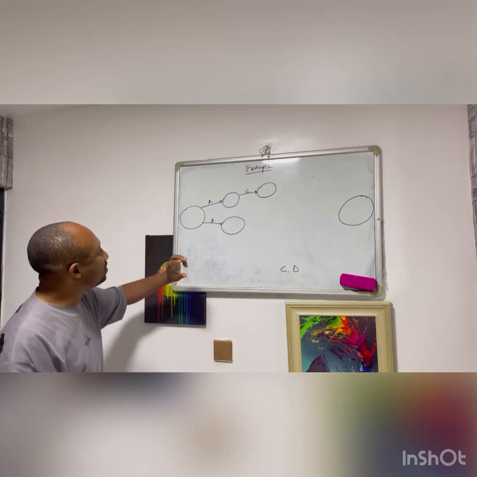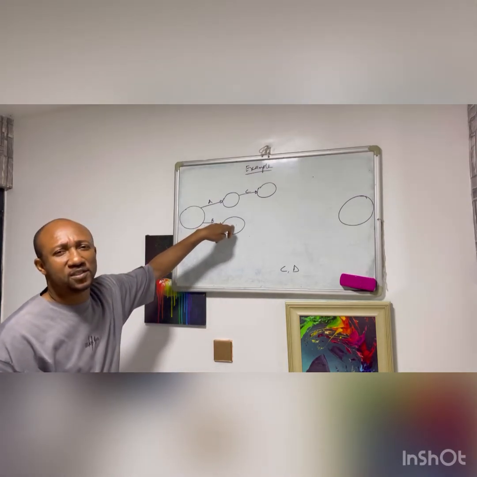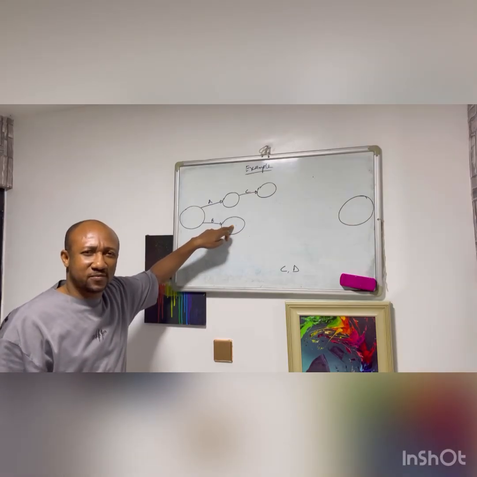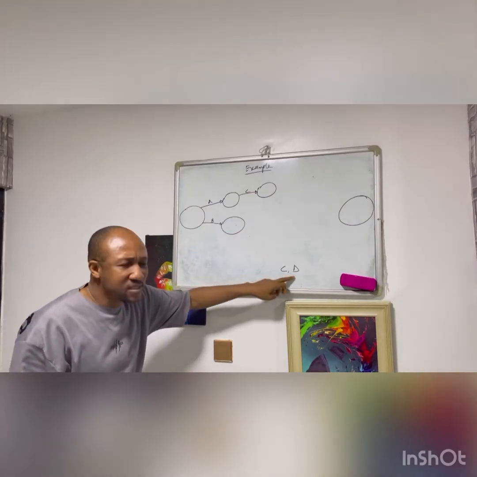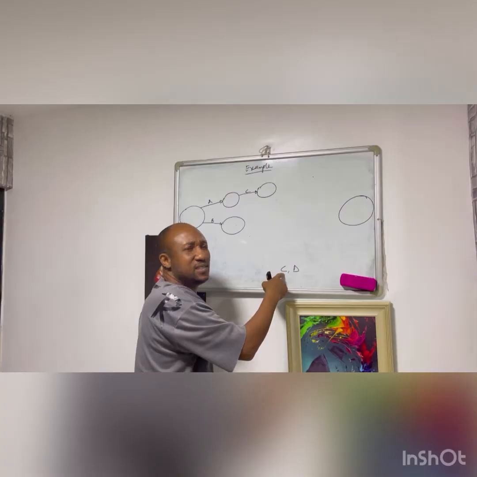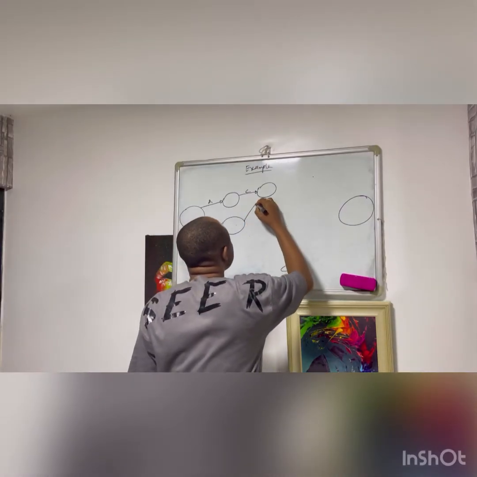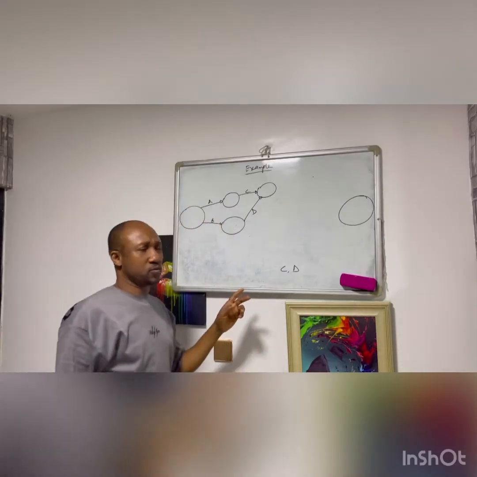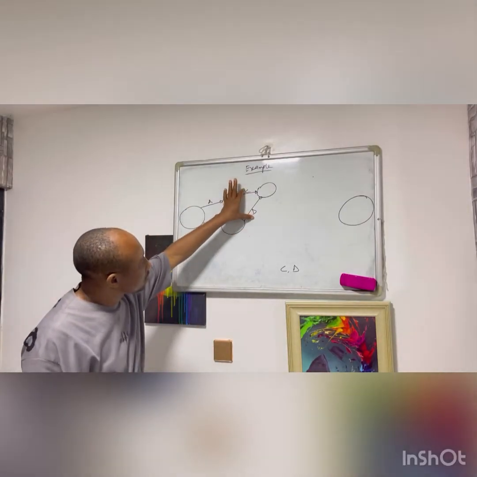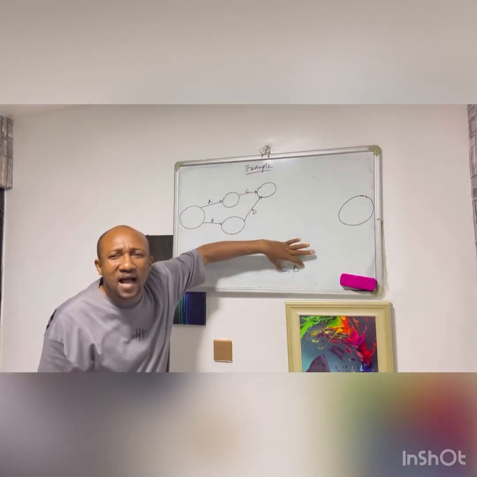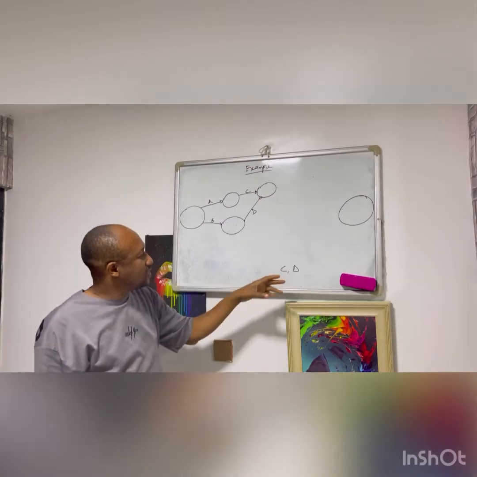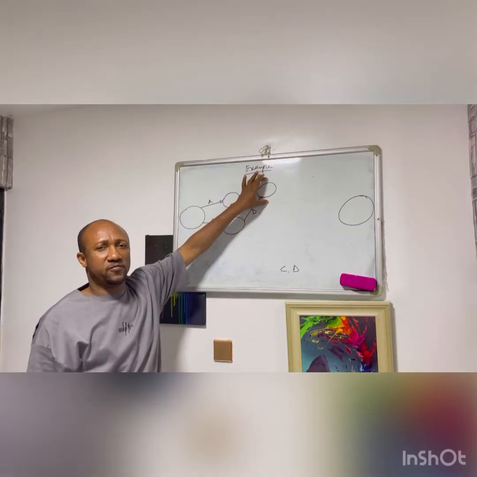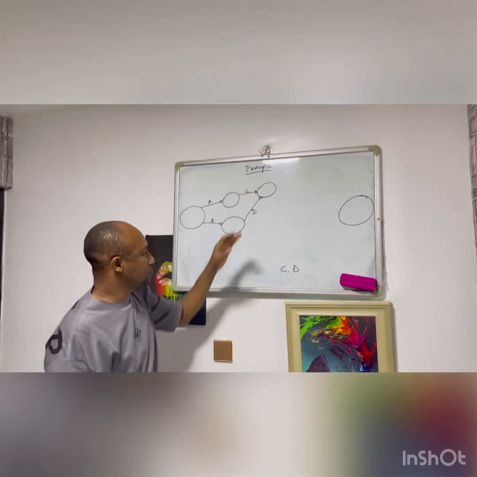So activity D will start from where activity B ended, and then it will end where activity C ended, because they end together. That is what this column satisfies: activity C and D end in the same event, in the same circle.